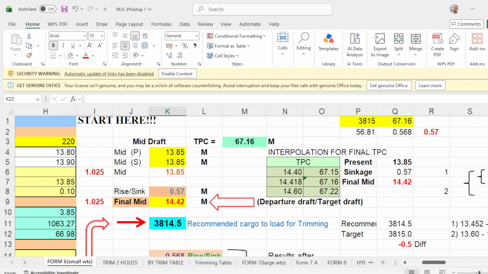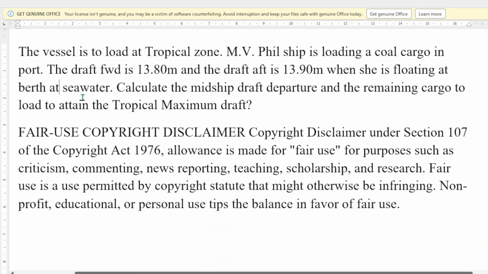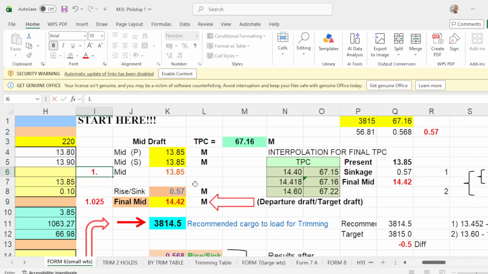And the density at berth, take note, is seawater, 1.025, and upon completion the same density of 1.025. Okay, scroll down.